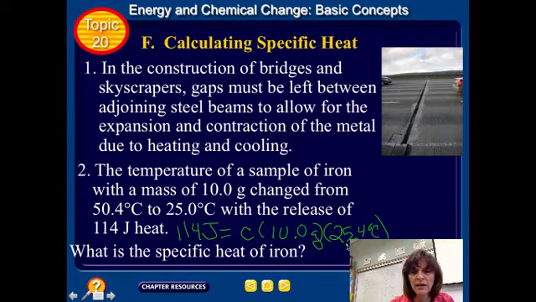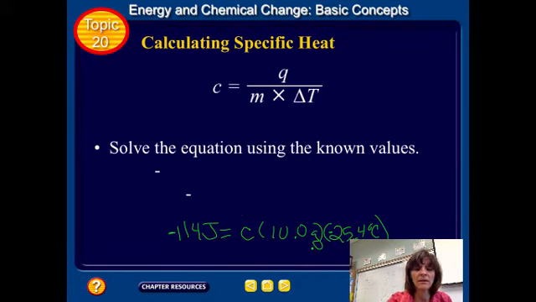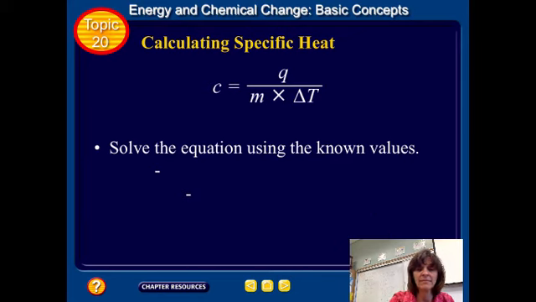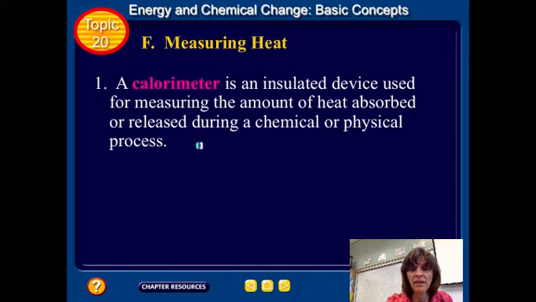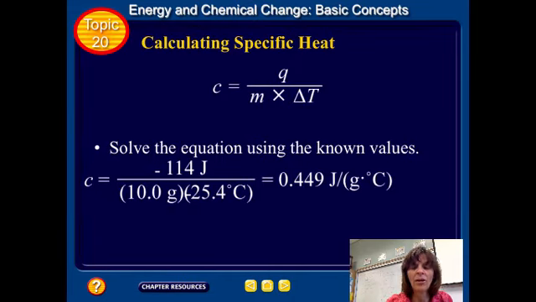It's actually a negative, and with the release of heat, the joules is negative. Release is always negative, and you should find that the specific heat of iron is 0.449 joules per gram degree Celsius. And you could use the chart and identify that as iron.